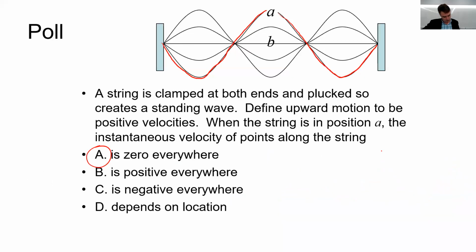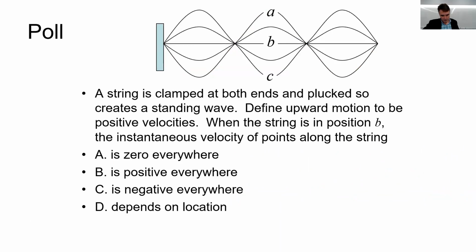Let's do another question on this. Read it carefully before you answer. The string is clamped at both ends, plucked so it creates a standing wave, again in the third harmonic. When the string is in position B, so the string is completely flat, what's the instantaneous velocity of points along the string?